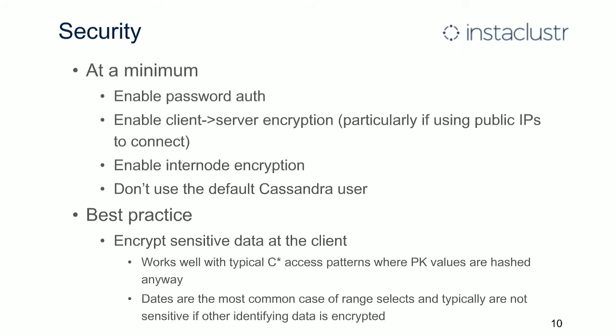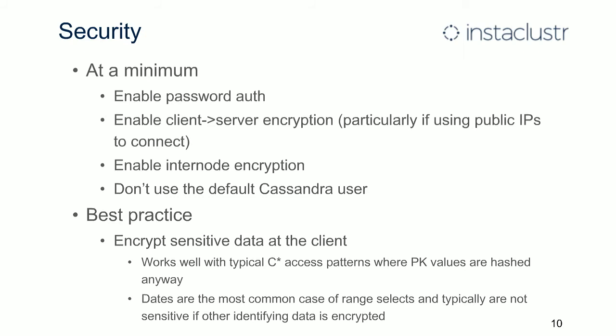Okay, another important topic in terms of best practices is security, getting away sort of from tuning more into setup here. We would say that the minimum you really should be doing for most Cassandra clusters is, well, first of all, enabling password authentication. That's a pretty simple one, and it gives you at least some control over people accessing your cluster.